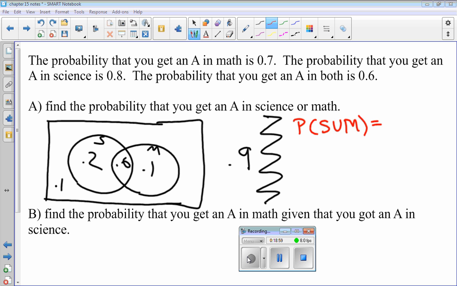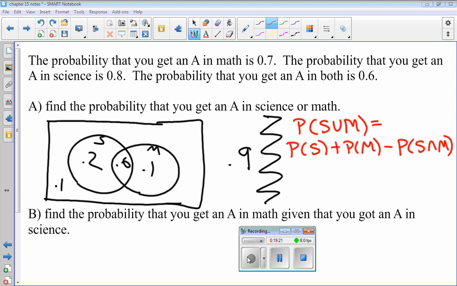The formula in context, the addition rule, is the probability of science plus the probability of math minus the probability of science and math. Right? Isn't that the formula? Look at your A and B. That's the first formula on that probability sheet, correct?